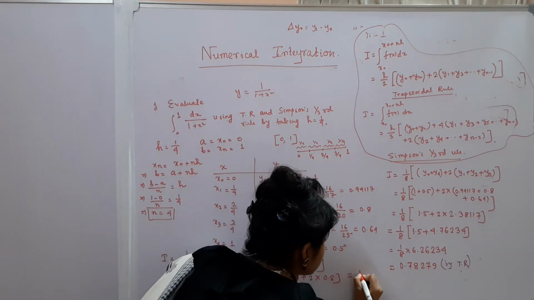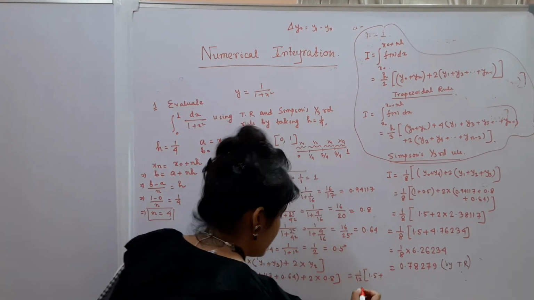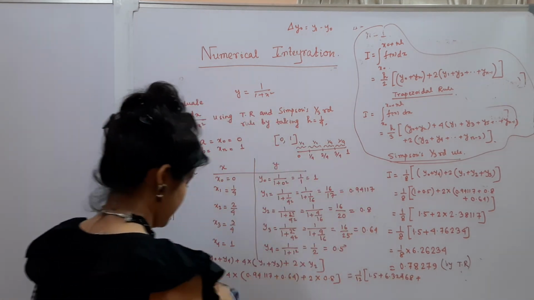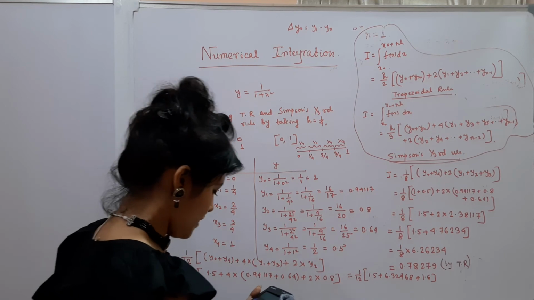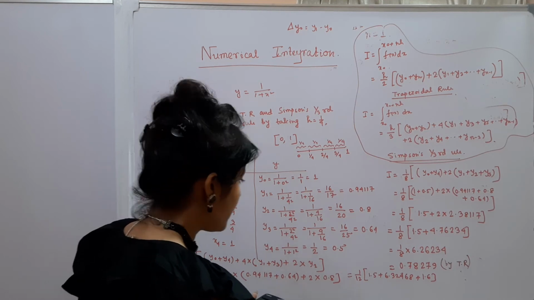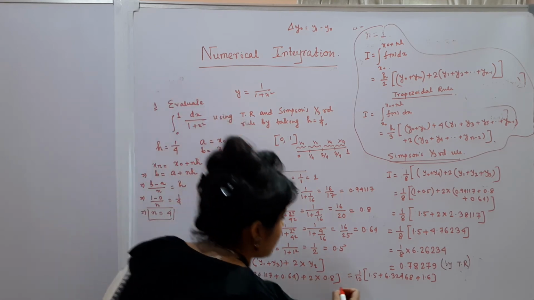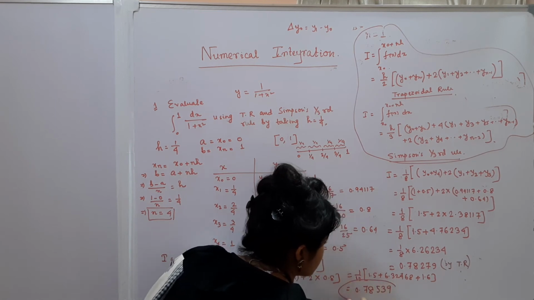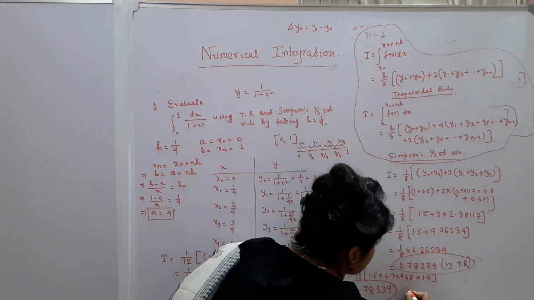So you can write it, that is 1 by 12, 1.5 plus 6.32468 plus, this is 1.6 actually. So plus 1.6 plus 1.5, and it is divided by 12. So you will get 0.78539. This is the value for Simpson's 1/3 rule and this is the value for trapezoidal rule.